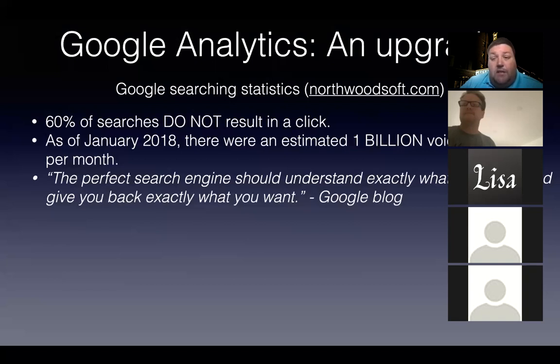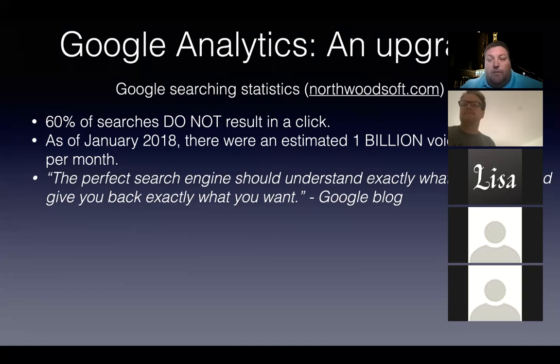With Alexa and Siri and all those, voice searching has certainly become more popular these days. And voice searches are very difficult because more often than not, when someone does a voice search, they're only getting the very first hit. It's not like you're getting a list. So that's something to keep in mind.